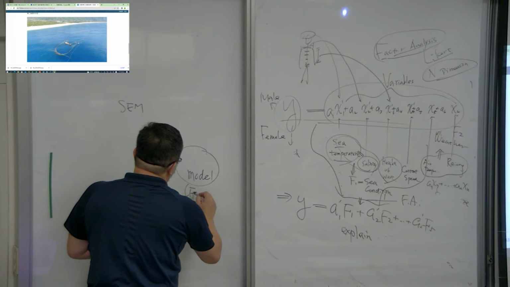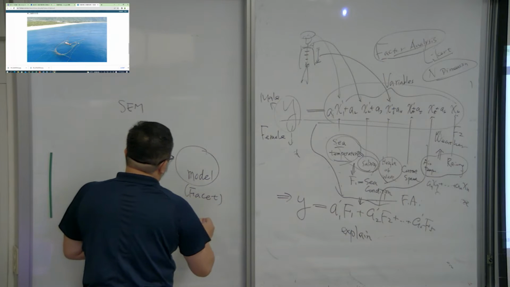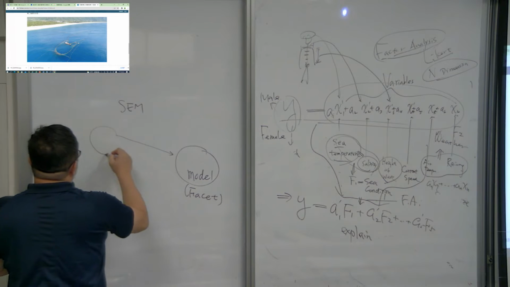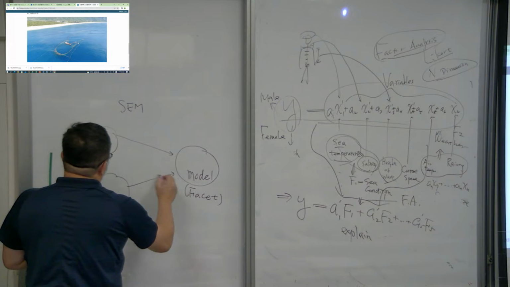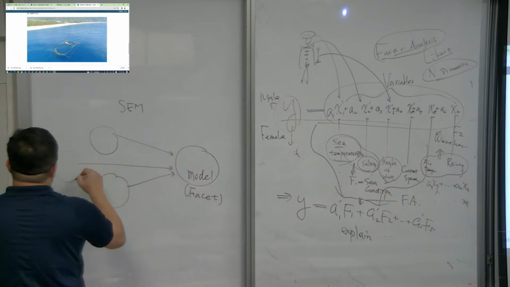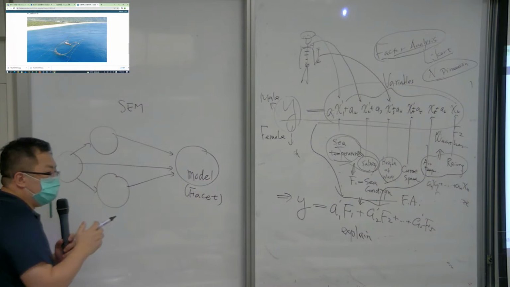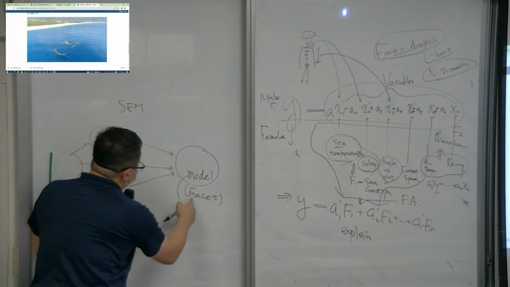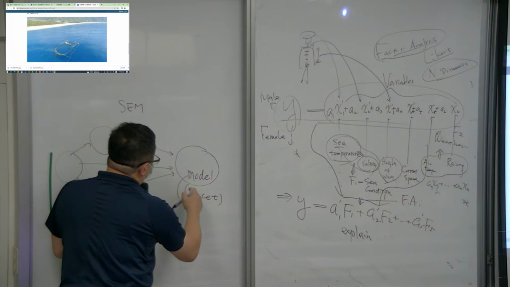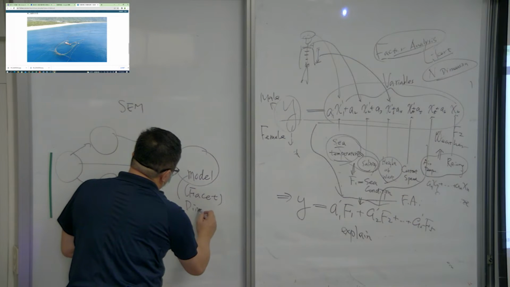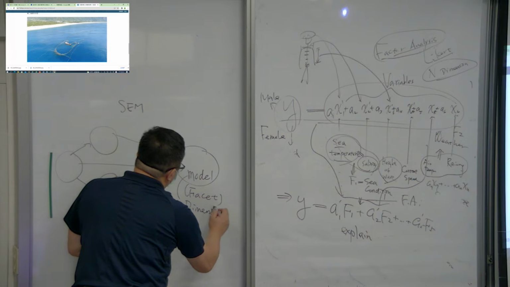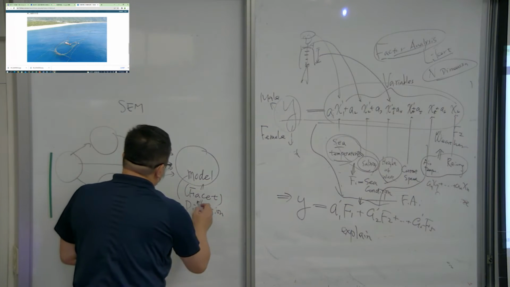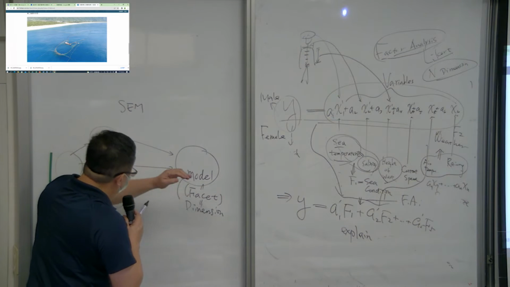You can also say that it is a facet. Model-to-model. Actually, a model, you can see it as a facet. You can say it is also a dimension. That is the same. A model, a facet, a dimension is the same.